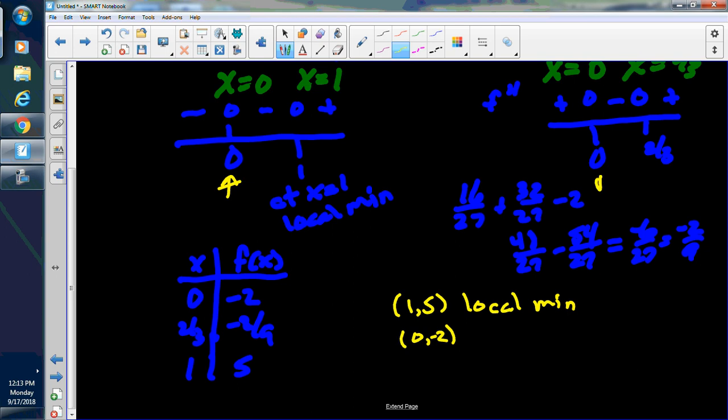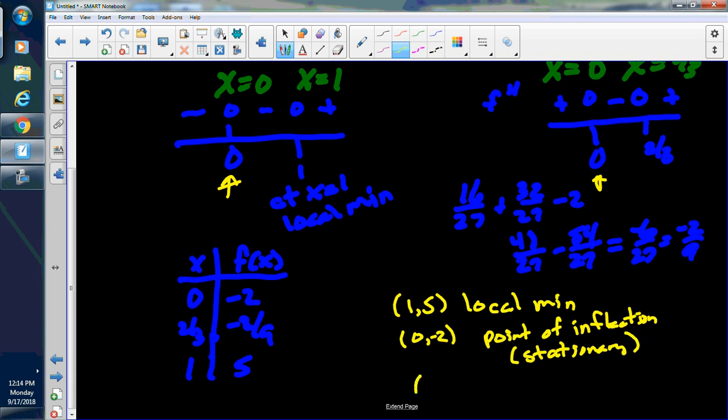But over on our second derivative, the sign changed from positive to negative, so it is a point of inflection. And since our first derivative was equal to 0, it's actually a stationary point of inflection.